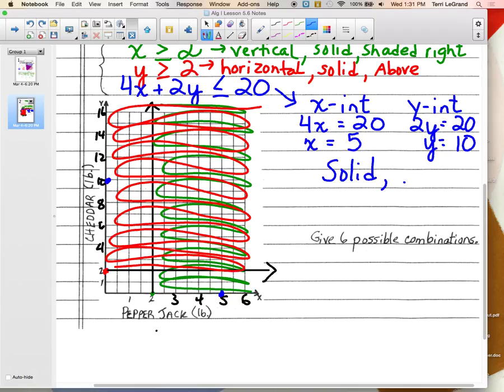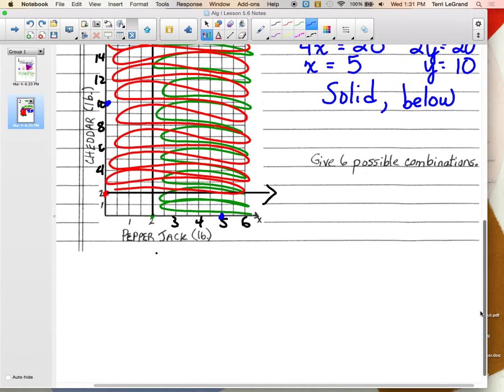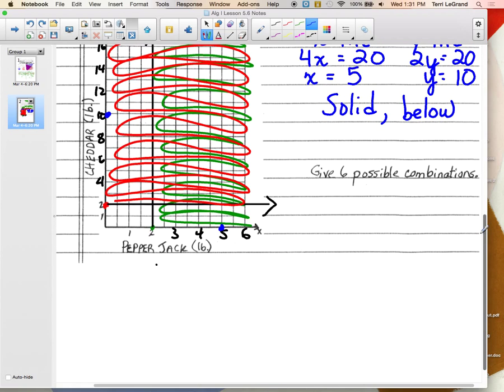Well, is less than, wouldn't that be below? Okay. So we already have our intercepts graphed, so I can now connect those two. Do I want to extend that line segment in either direction? No, I want to stop. I want it to be a line segment, not a ray. And I need to shade below.